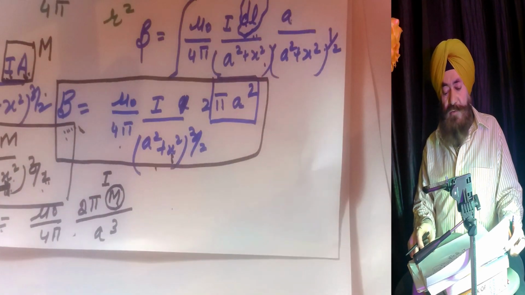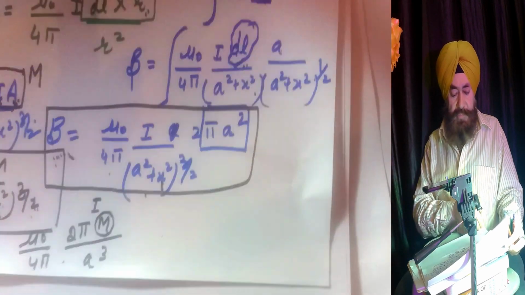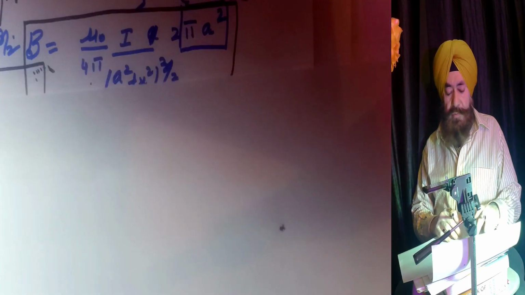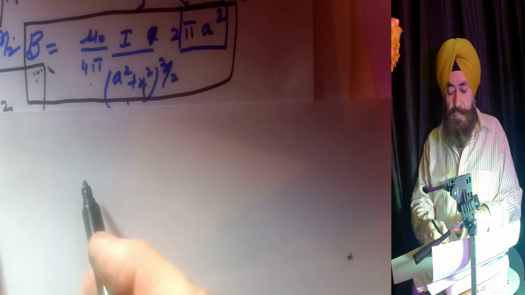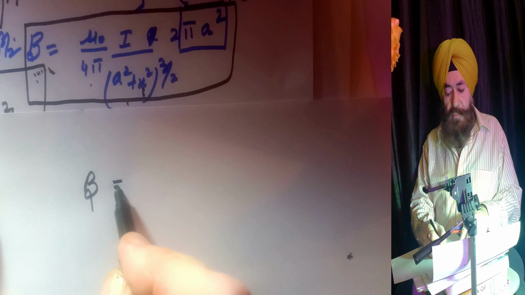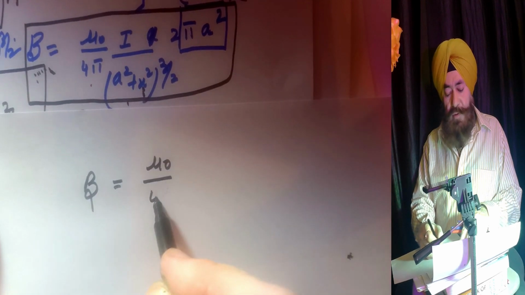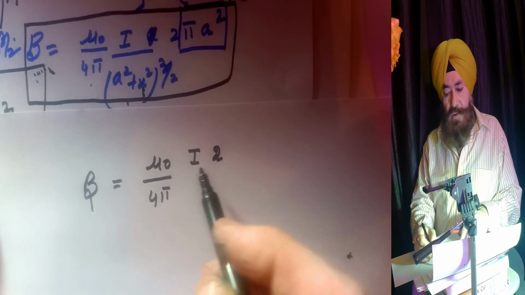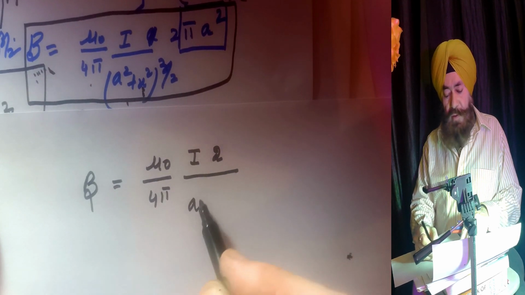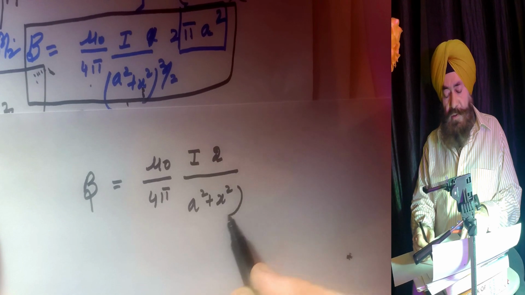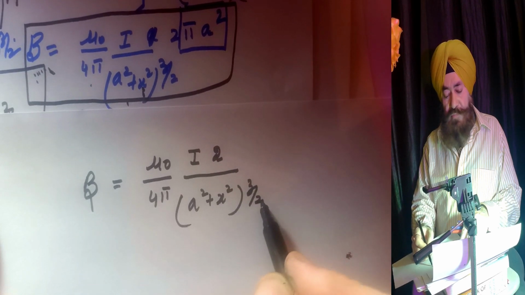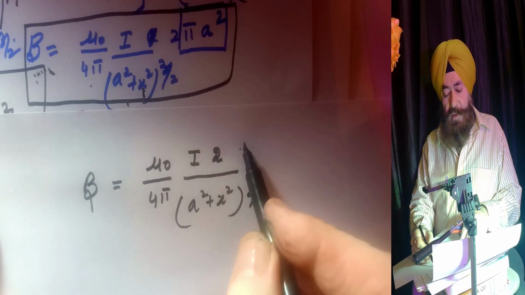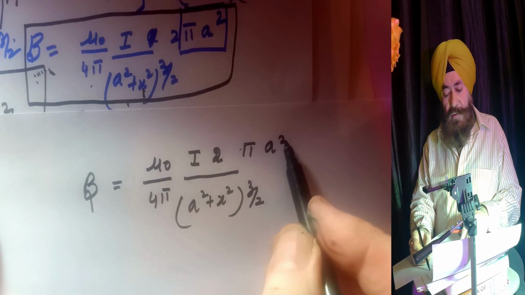And rewriting this formula again, B is equal to mu naught upon 4 pi, I 2, a square plus x square raised to power 3 by 2, and then pi a square.